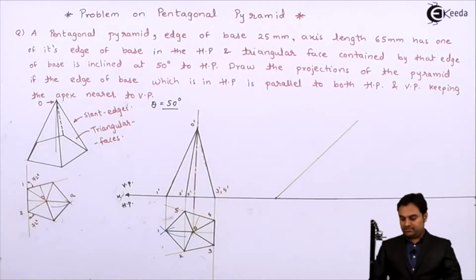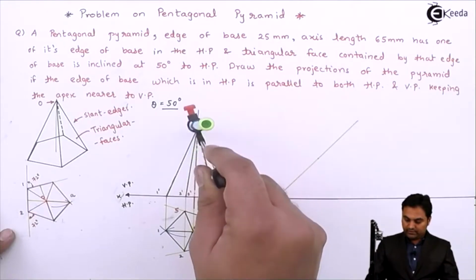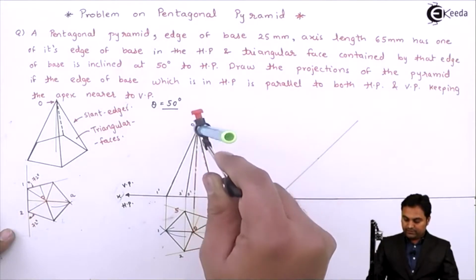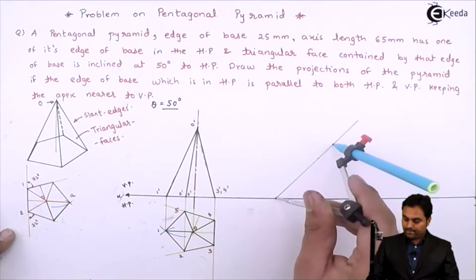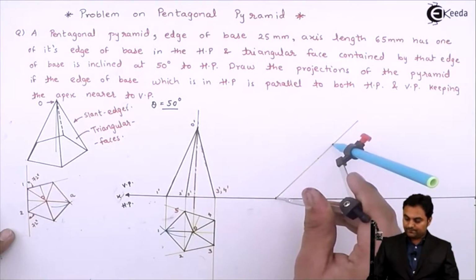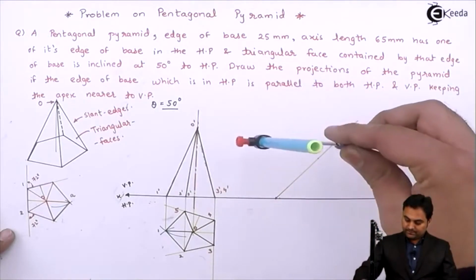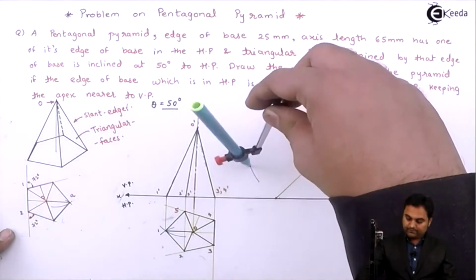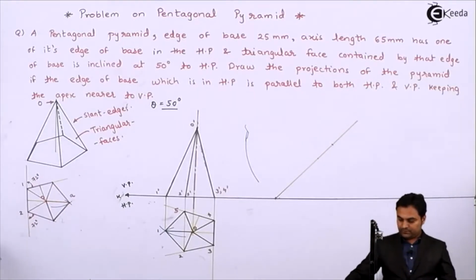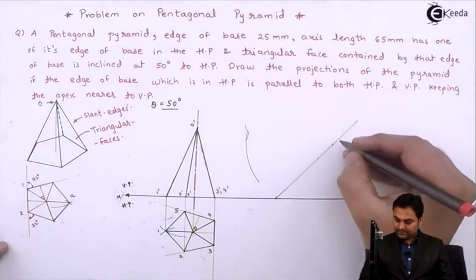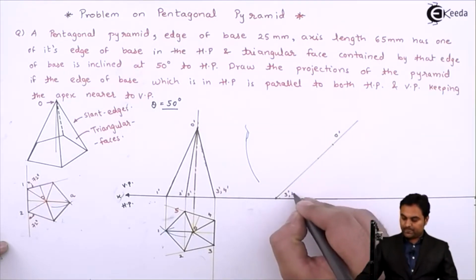Next, measuring this slant edge, which is nothing but a triangular face looking like a slant edge in the front view, 3 dash 4 dash up to O dash, marking it over this line. Then keeping the same distance, I'll draw a light arc from here. Now here we have apex O dash, this is point 3 dash comma 4 dash.